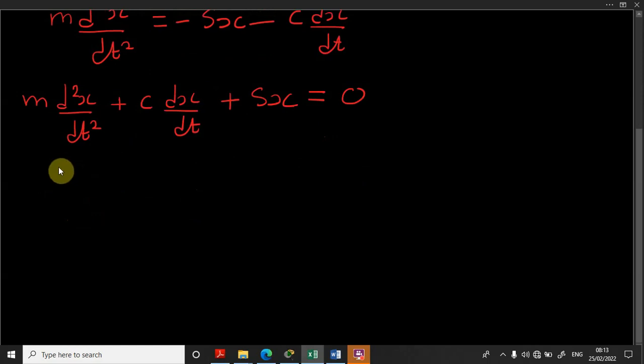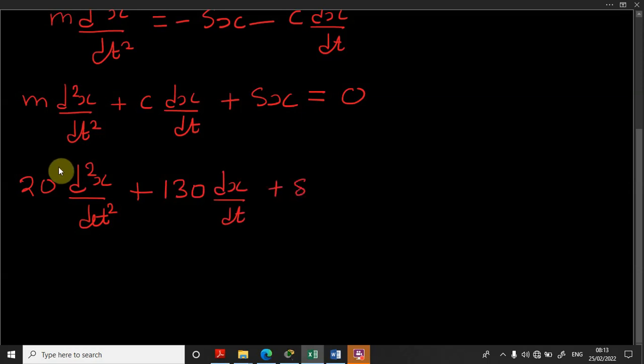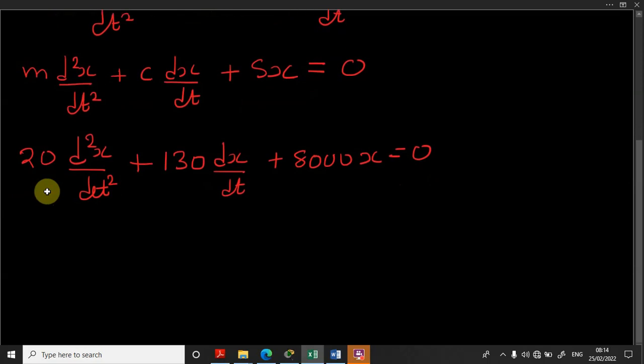Now, we have been given the mass to be 20 kg, so we put there 20 d squared x over dt squared plus our c, which is 130, dx dt, then plus our s, which is 8,000 newton per meter, then x should be equal to 0. Now let's try to make the d squared x over dt squared coefficient be 1.